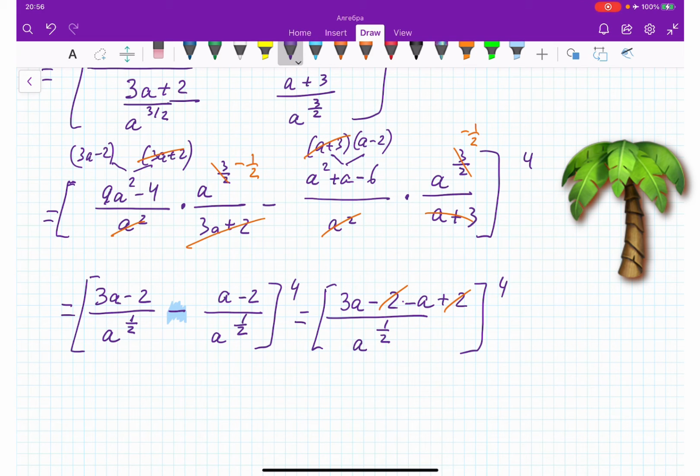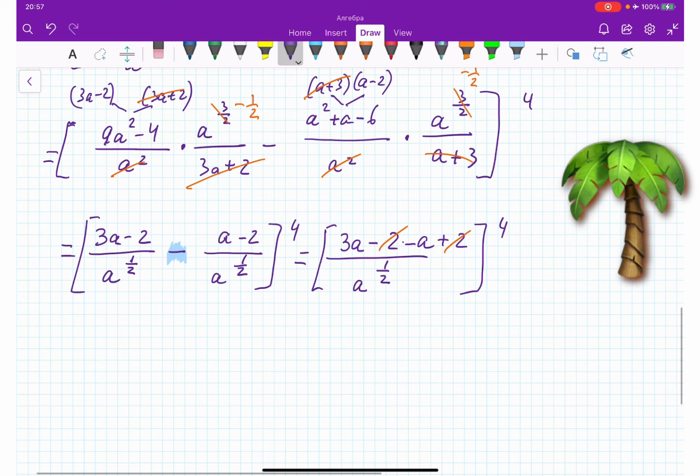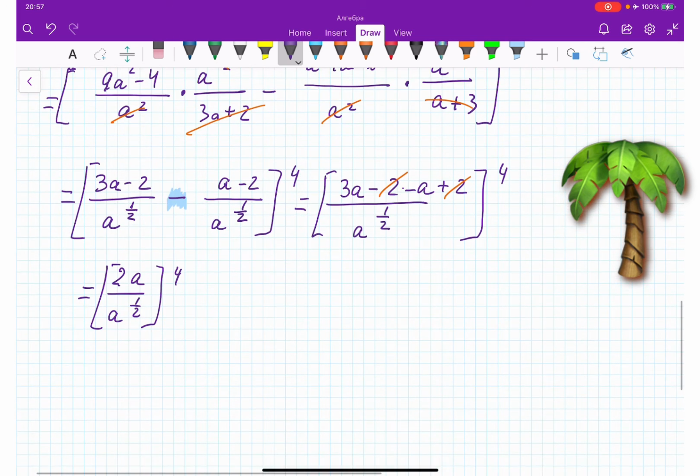So what is happening? This is gone. Here we have 4. And we are getting what? Equal to a over a to power 1/2, to power 4. Right?